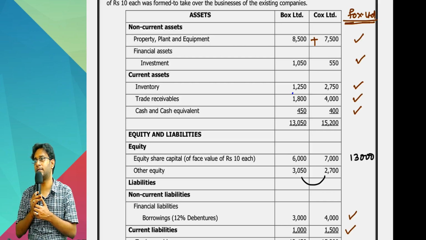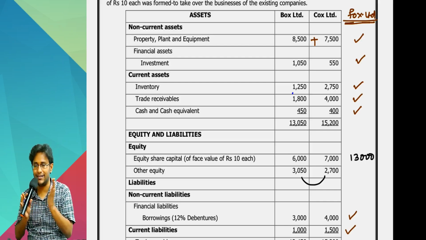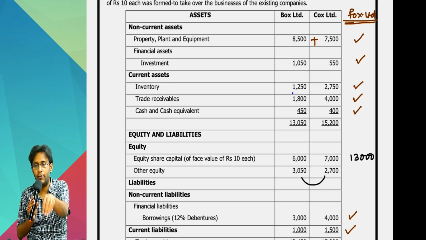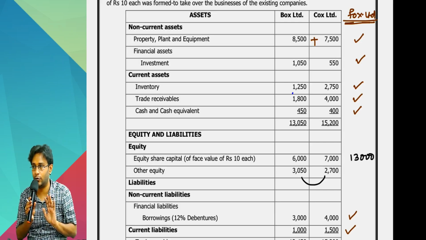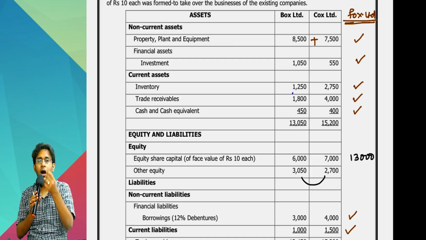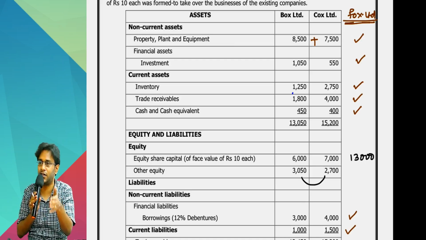Sir, in pooling of interest method, what we know is that assets we have to add and liabilities we have to add. The selling company's reserves will come into the books of the purchasing company, after adjusting the gain or loss by comparing PC and share capital.